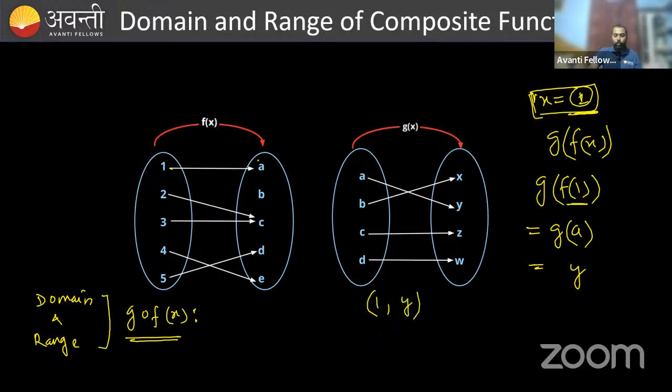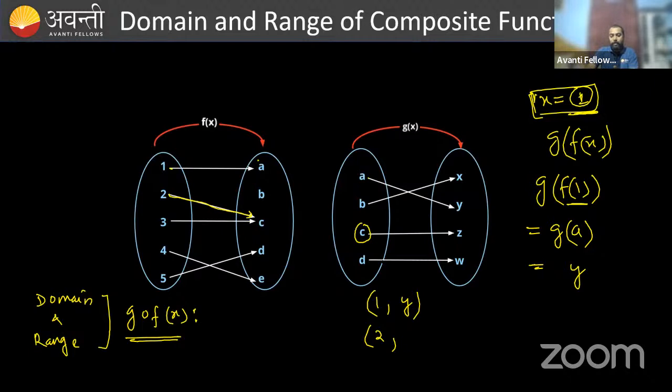When you are giving 2 as input to f of x, what you are getting? C. Then again we are giving input C to g of x. So after giving C as input to g of x, what you are getting as output? That is z.